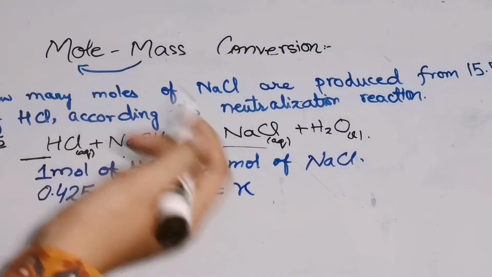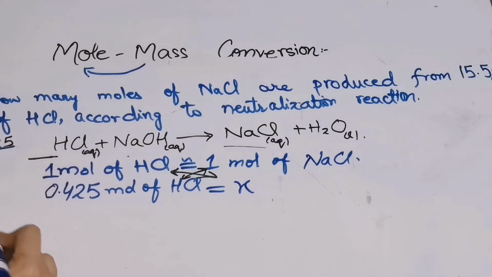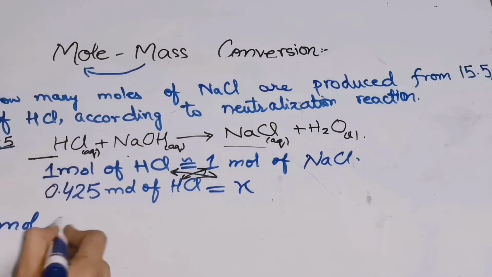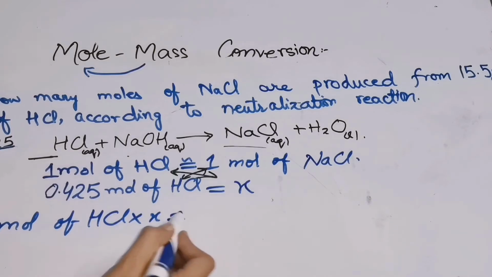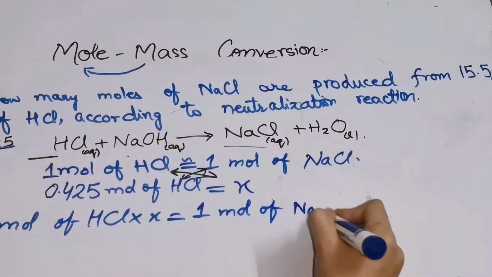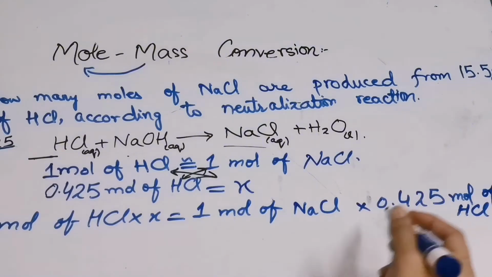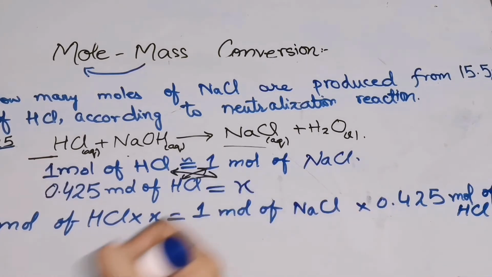Now what will we do over here? We will do the cross multiplication. We will write over here 1 mole of HCl multiplied by X, which will be equal to 1 mole of NaCl multiplied by 0.425 mole of HCl.